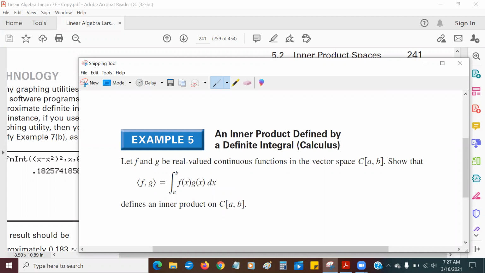The inner product of function f and function g, these two different functions, is the integral of f of x times g of x from a to b. Of course, a for us is going to be 0, and b is going to be 1. This is how we're defining the inner product. And now we're going to.